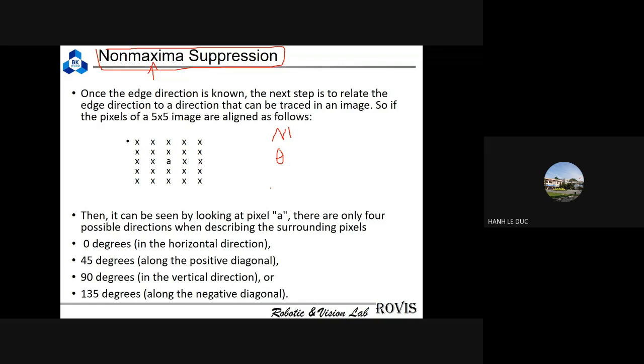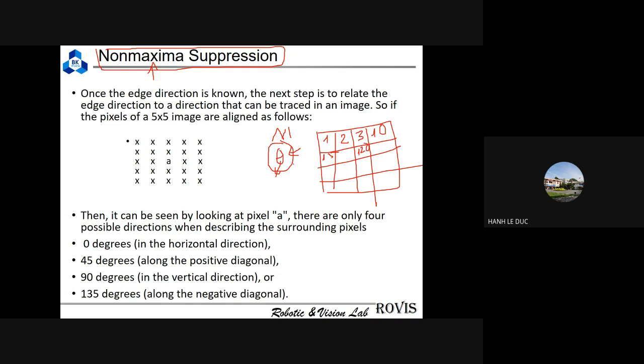But in the theta matrix, there are many angles, for example 1 degree, 2 degree, 3 degree, 10 degree, 15, 120, something like that.